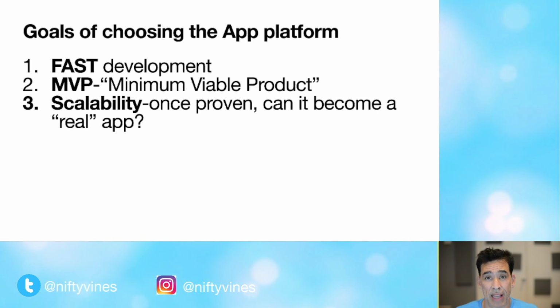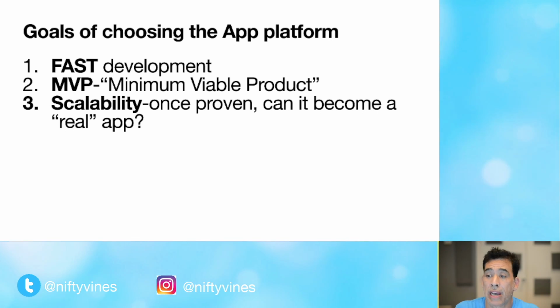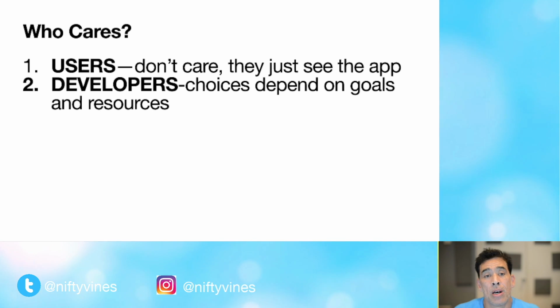We made that mistake last time trying to make the full boat app. And then what we do want, though, is something that's scalable, meaning that if things take off and we need to make this into a large-scale, full production app, then what we have is a basis that can grow. So those are the things we were looking at.